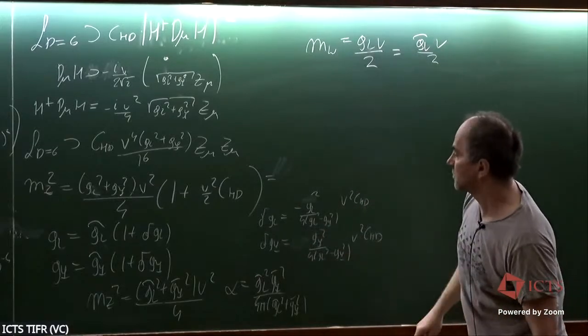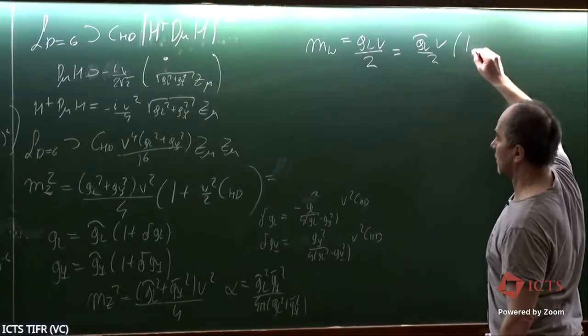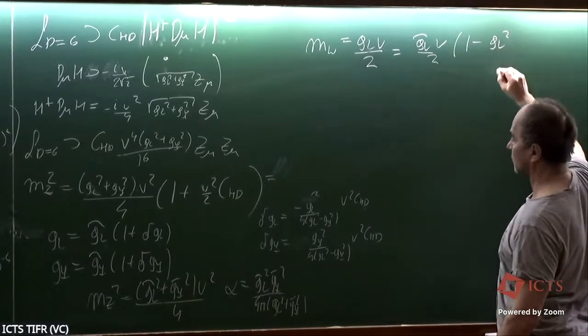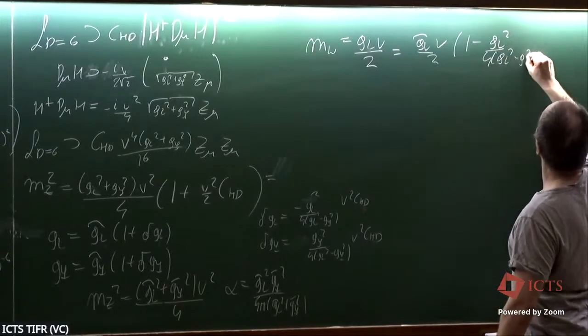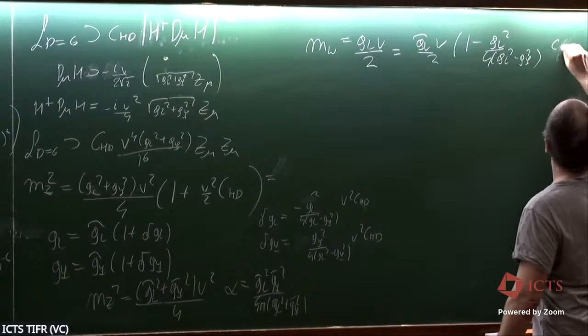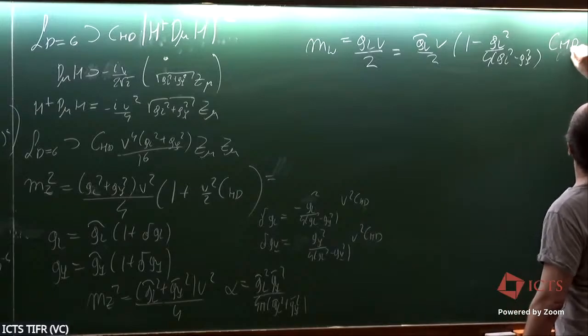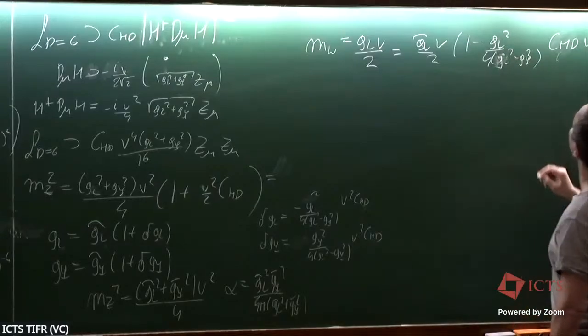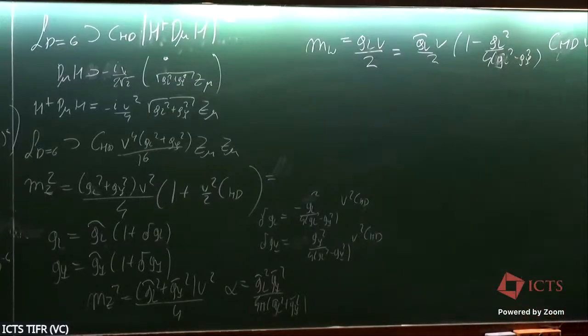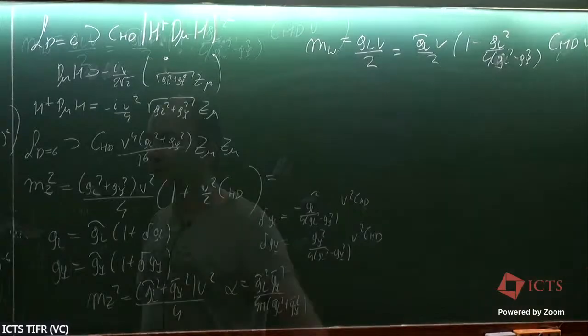And GL twiddle is 1 minus GL squared, GY squared, CHD V squared. So we got a correction to the W mass. And if we do the same way, we'll get the corrections to all observables that depend on GL and GY.